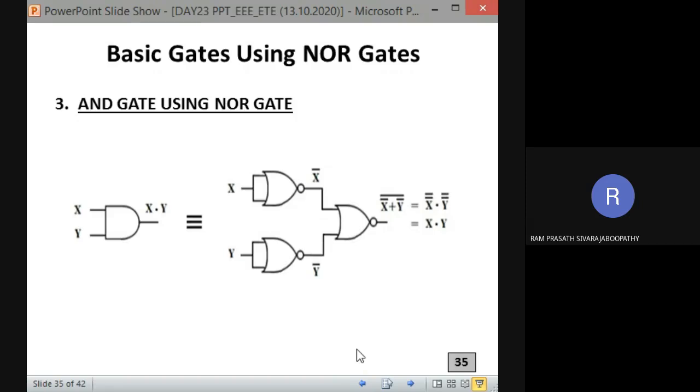X dot y whole bar, complement of NAND. Clear? Complement of this circuit. This is an AND circuit. Correct? 3 NOR gate வச்சு நான் என்ன பண்ணியிருக்கேன்? Using 3 NOR gates, I have developed an AND gate. If you complement the output of this again, you will be getting NAND gate. So using NOR gate, you can implement NAND gate also.